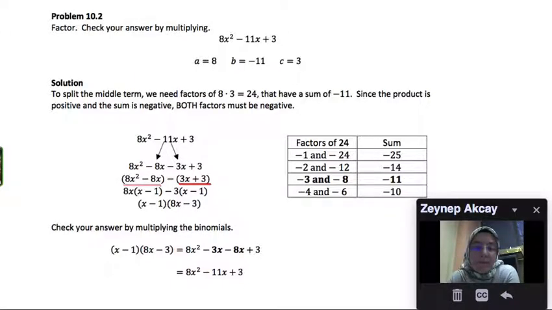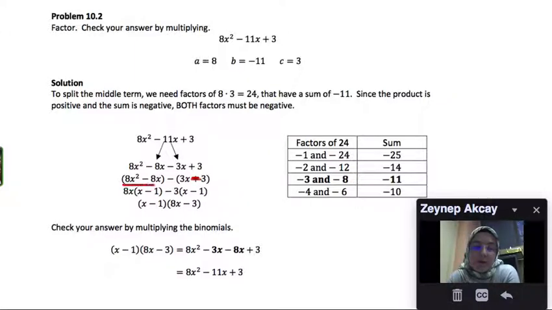When we put a parenthesis around these, we have to make this plus. We have to change this to a negative, because when we multiply back, this should turn to be a positive. So here it's going to be a negative. When we factor out this negative, this positive will change to a negative.